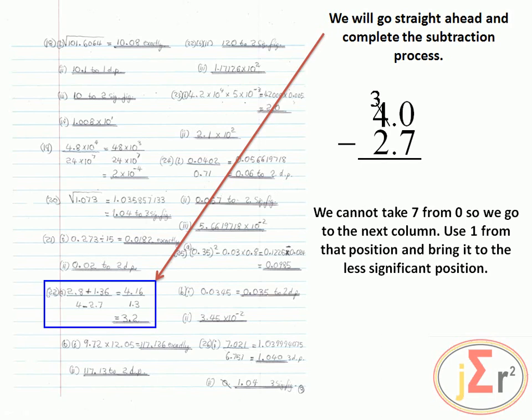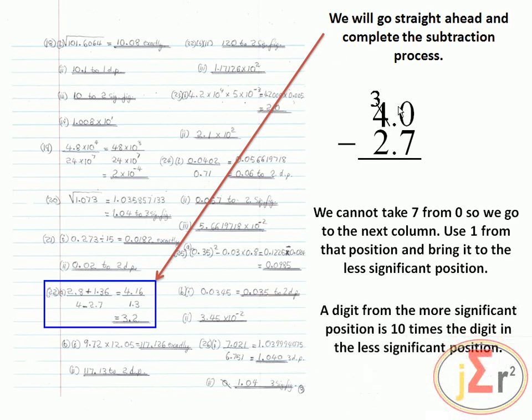There, we are removing 1, taking it here. The digit from the more significant position is 10 times the digit in the less significant position. 10 minus 7 is equal to 3.